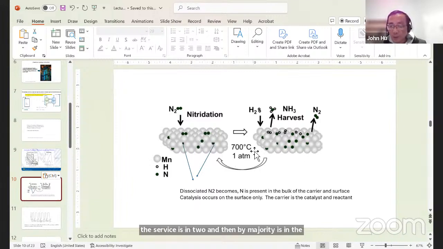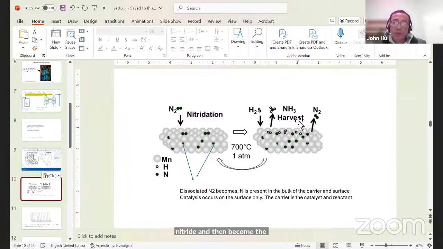Now when you see 700 degrees C at atmospheric pressure, the hydrogen reacts with this bulk to form ammonia, but in the meantime, there's N2 coming out. You don't want the N2 coming out. You want hydrogen to react with the nitride and become the so-called ammonia. It's called harvest. Harvest means, hey, I formed nitride, and by contacting hydrogen with this material, I produce ammonia.